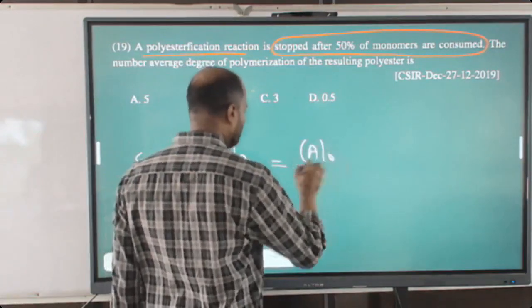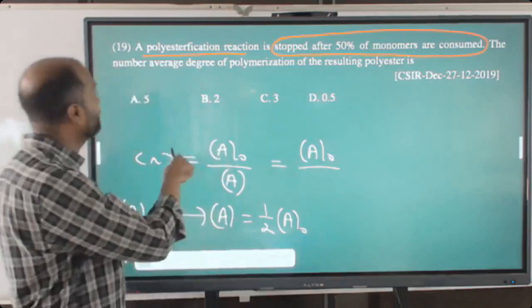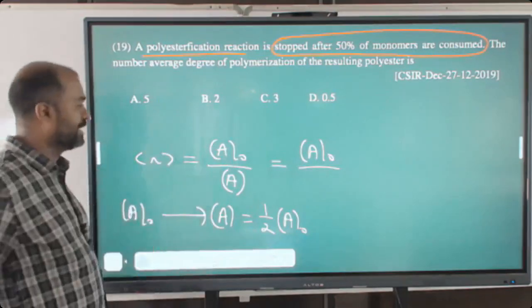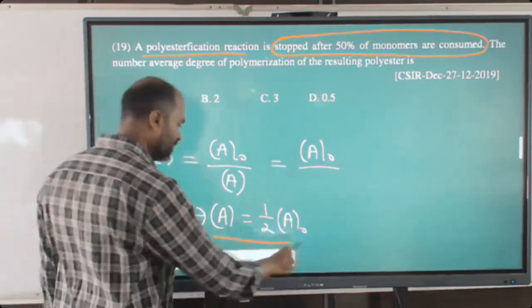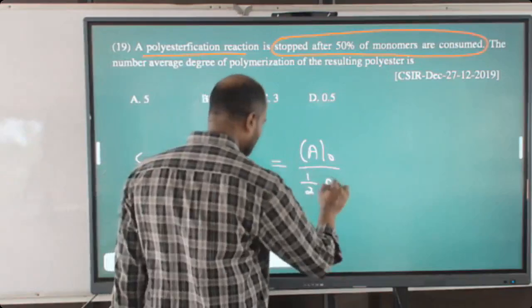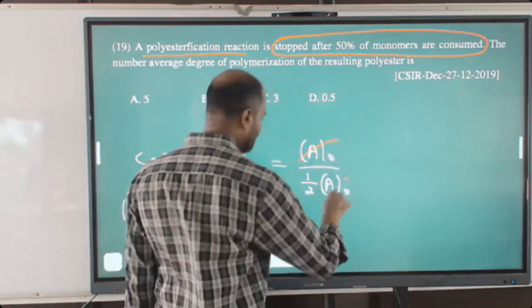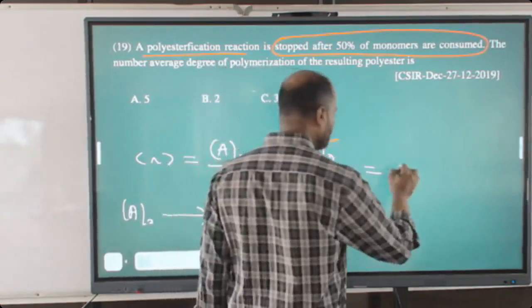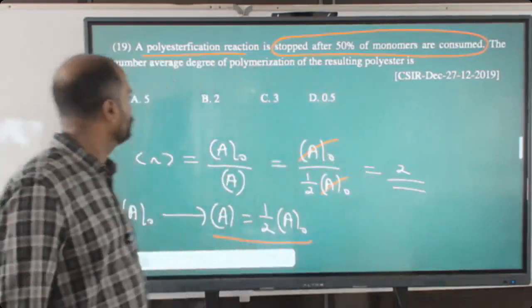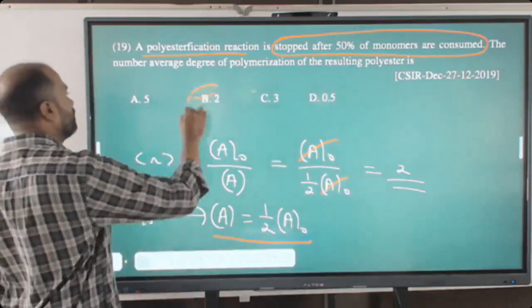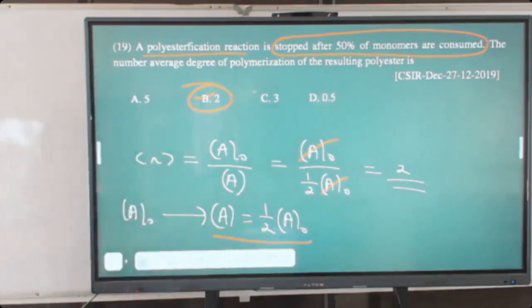The number average degree of polymerization is basically A0 by A. Instead of A, you just substitute half A0. A0 and A0 will get cancelled. The final answer will be equal to 2. Option B, degree of polymerization is 2. 19, option B, 2 is the correct answer.